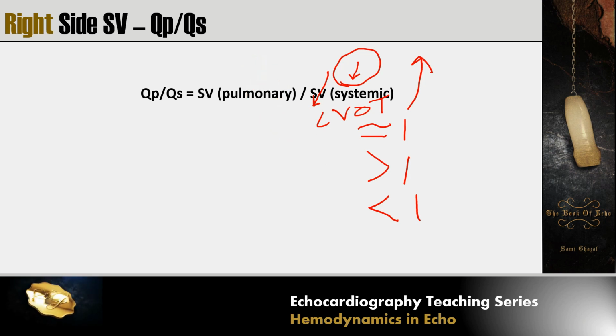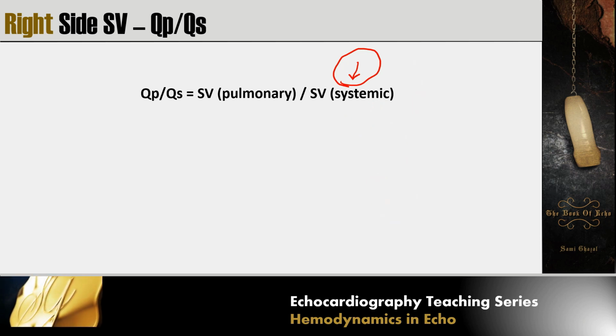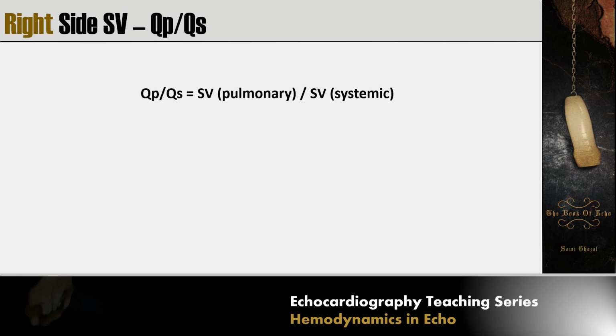This is true with one exception, and that exception is PDA. So as shown previously, the way we measure QpQs is the stroke volume from LVOT and stroke volume from RVOT.